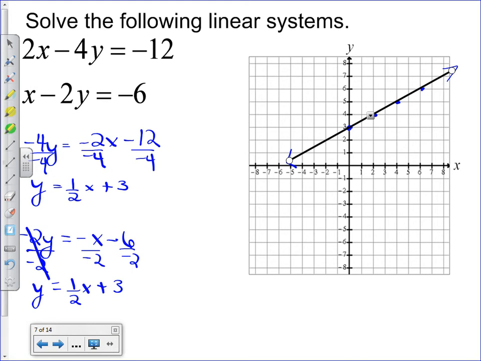If I were to do the same thing, the lines would be on top of each other. My y-intercept is 3, my slope is 1 over 2. I'm doing the same thing. The lines are on top of each other.